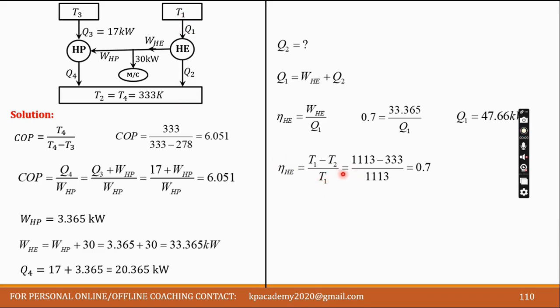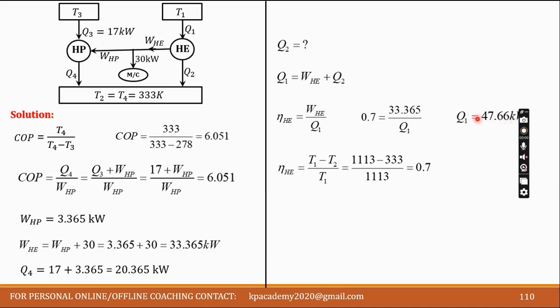Putting in the values, what do we get? The efficiency of the heat engine. Now we got the efficiency. If you put the value over here, the value of efficiency and the WHE we just got, then only the unknown Q1 remains. The Q1 value is 47.66 kilowatt.